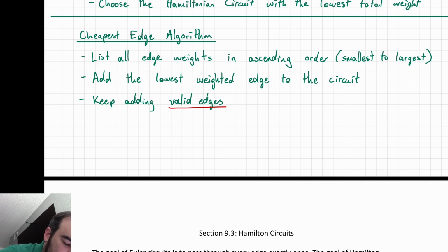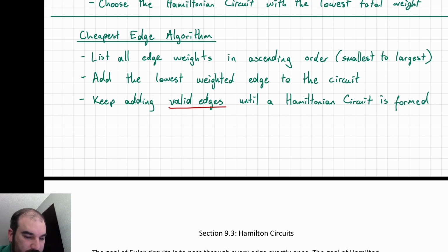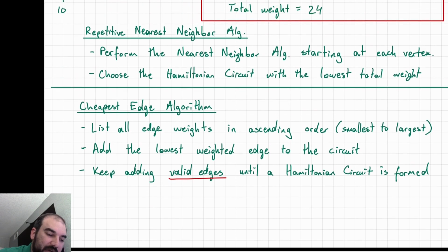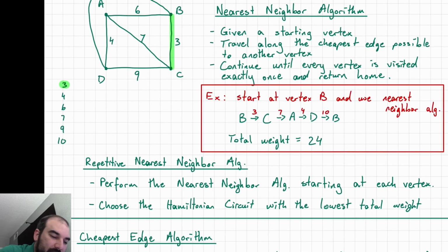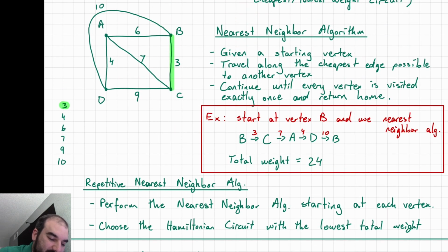We're going to keep adding valid edges until a Hamiltonian circuit is formed. So valid edges is kind of a heavy thing there. It has some built-in definition because we can't just randomly add all of the edges that we want to add.